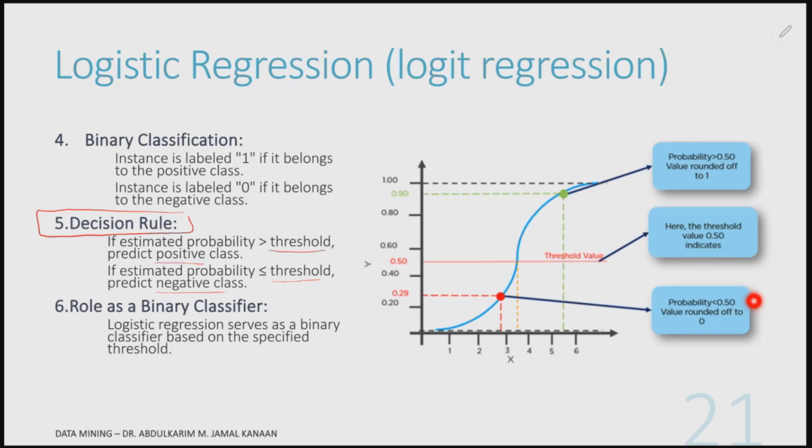So the rule is binary: logistic regression serves as a binary classifier. By nature, logistic regression can only work for binary classification. I think we didn't talk about different types of classification yet. Later we will talk about them, but keep in mind that logistic is only for binary classification.